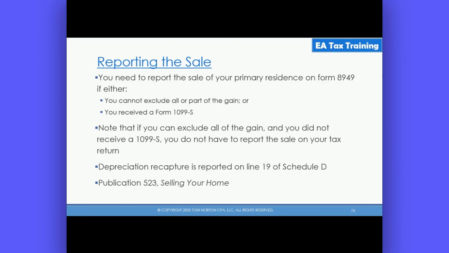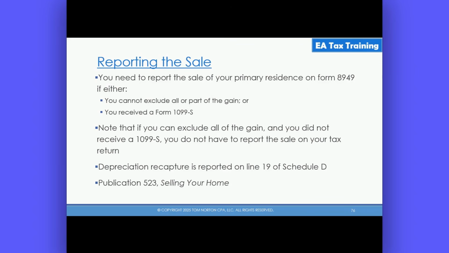So you have to report the sale if they do issue you a 1099-S, or if you cannot exclude all of the gain. So whether or not they issued you a 1099-S, if you cannot exclude all or part of the gain, you have to report the sale on your 8949. But note, if you can exclude all of the gain and you did not receive a 1099-S, then you do not have to report the sale on your tax return.